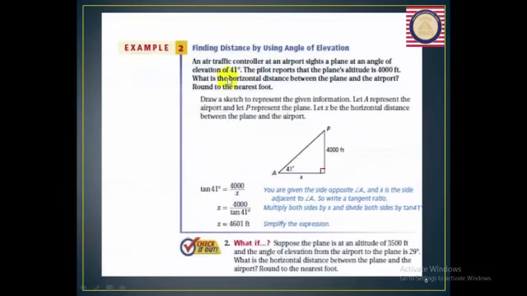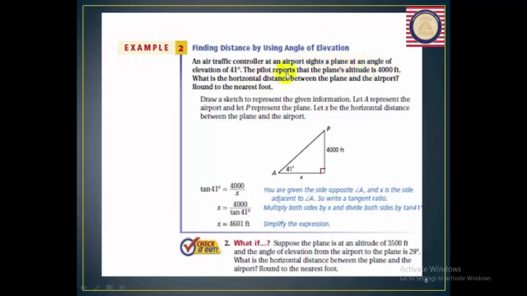Look here, finding distance by using angle of elevation. And here we're going to use the Pythagorean theorem. Here, an air traffic controller at an airport sights a plane at an angle of elevation of 41 degrees.